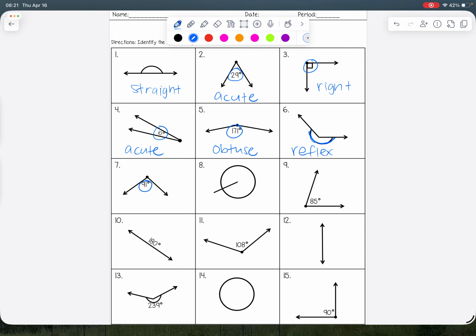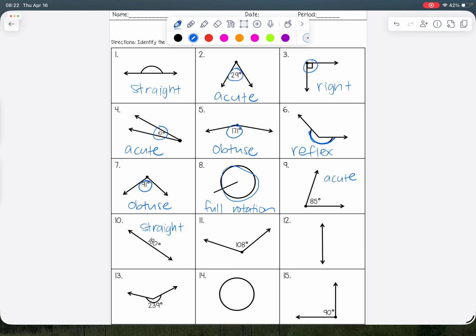Again, just over 90 degrees, anything over 90 degrees and less than 180 is going to be obtuse. This is showing us that we have a full rotation. Here, less than 90, we have acute. 180, exactly 180 is a straight angle.